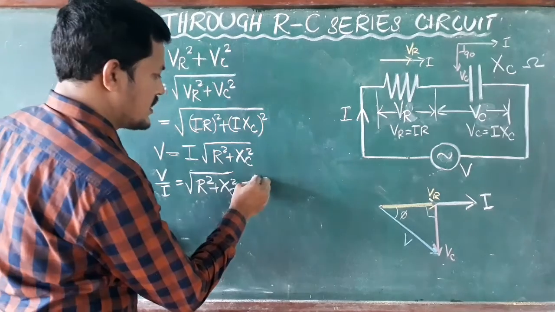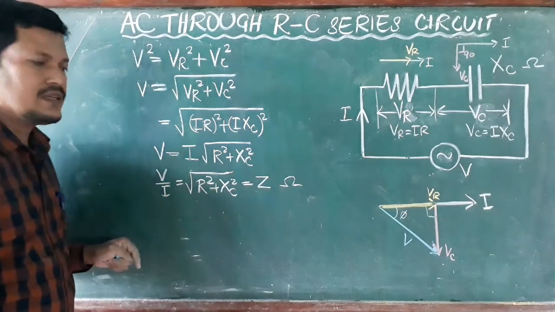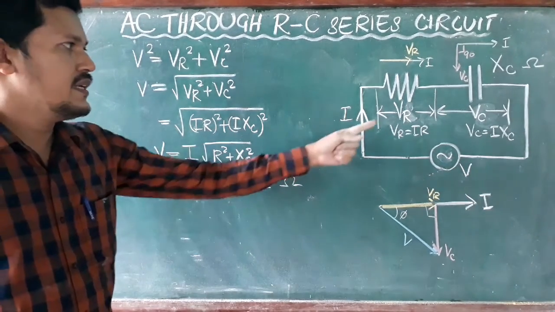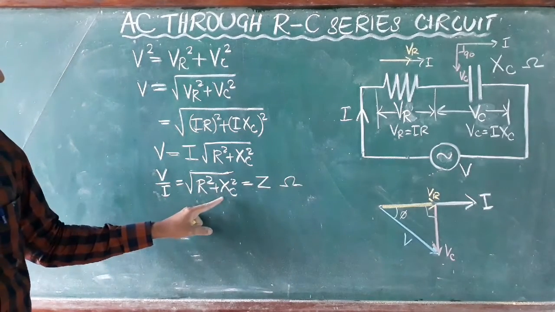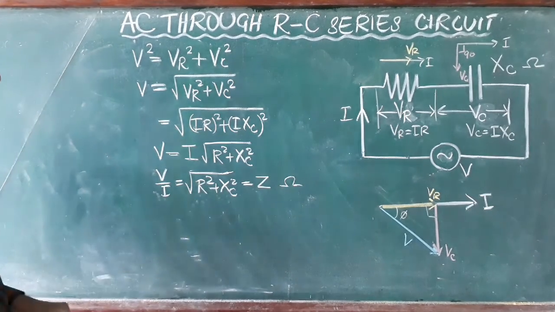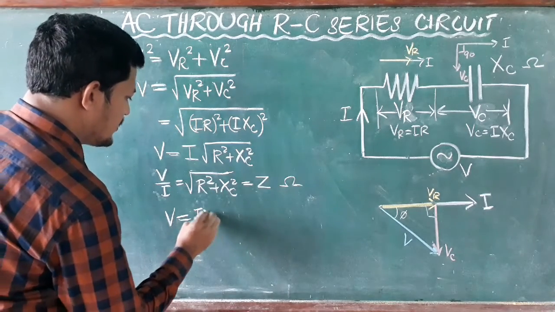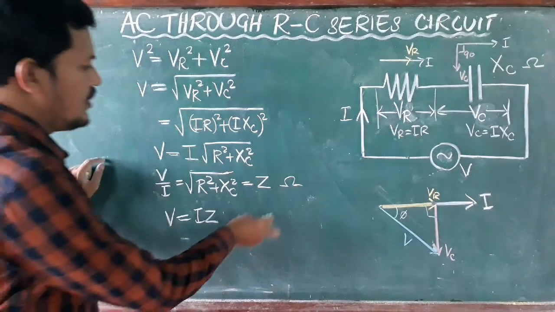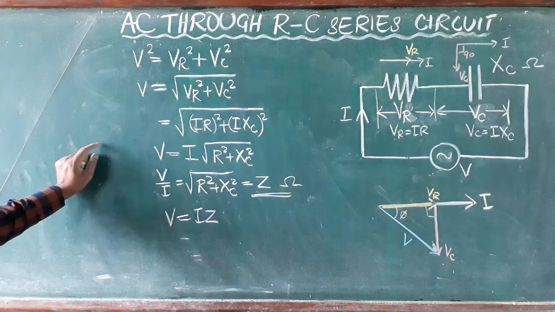This is known as impedance Z, measured in ohms. It is the total opposition offered to the flow of alternating current by an R and C circuit, or V equals I into Z.